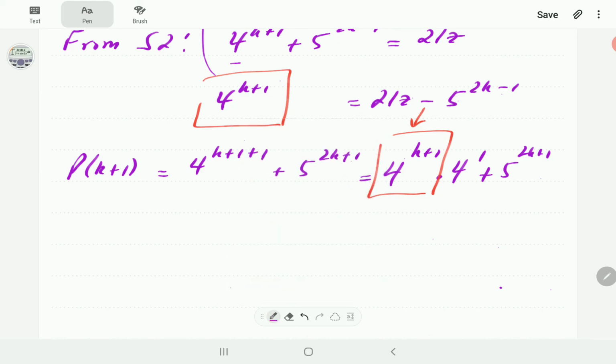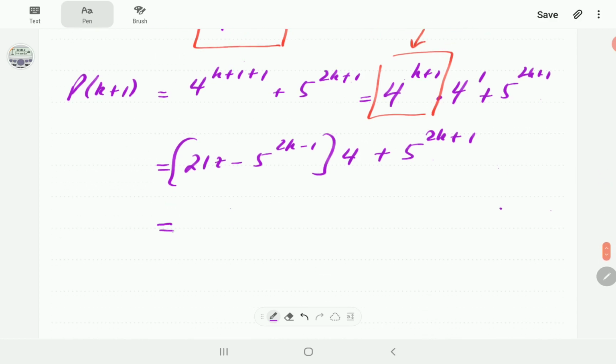When we do that, we are going to have 21z minus 5 to the power 2k minus 1, all times 4, and then plus 5 to the power 2k plus 1. 21 times 4 is going to be 84z, this one is going to be 4 times 5 to the power 2k minus 1, plus 5 to the power 2k plus 1.